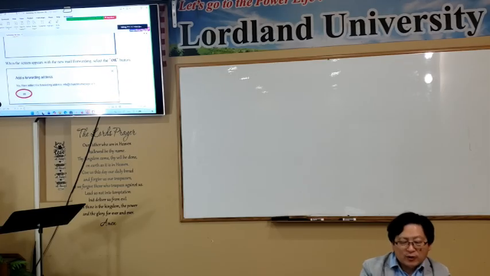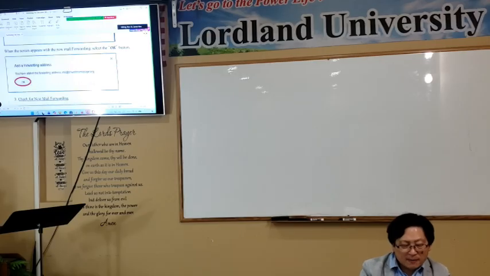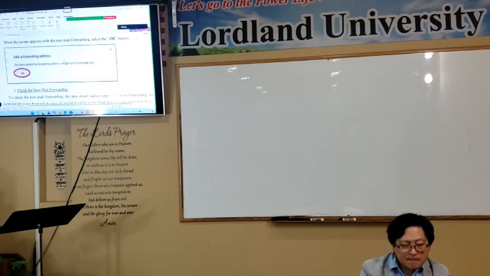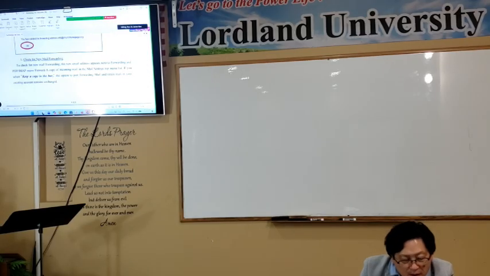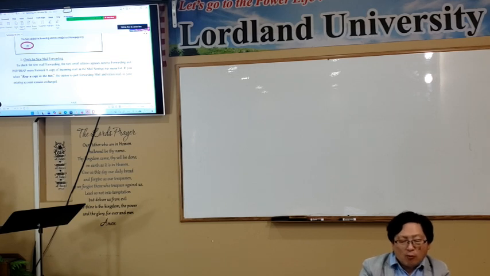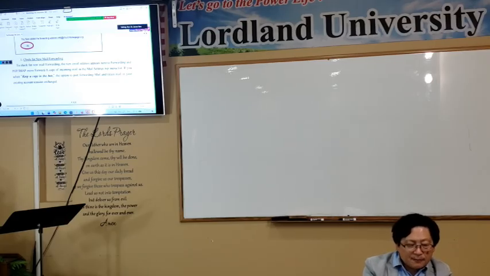When the screen appears for the new mail forward, select OK. This is another option to click for new mail forwarding. The new mail address appears next to forwarding in the forwarding and POP/IMAP menu. Forwarded here is a copy of the incoming mail.